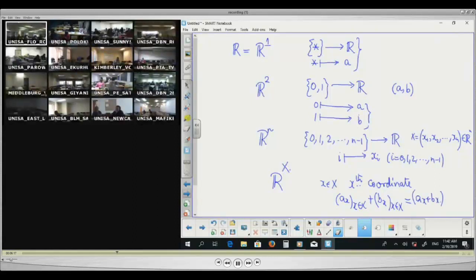So that is again this pointwise addition. So now you can see it's actually a big product kind of thing. So you can say the x-fold product of R. Yeah? So this is possibly the connection. Okay? Clear? Yeah, the next one.